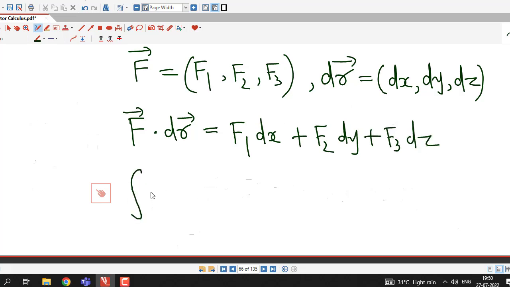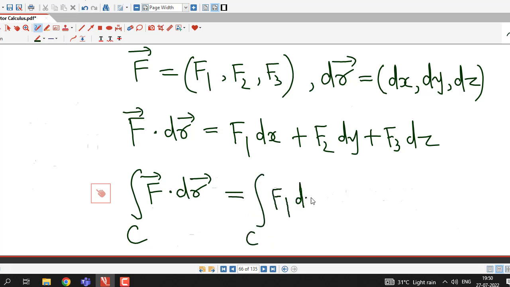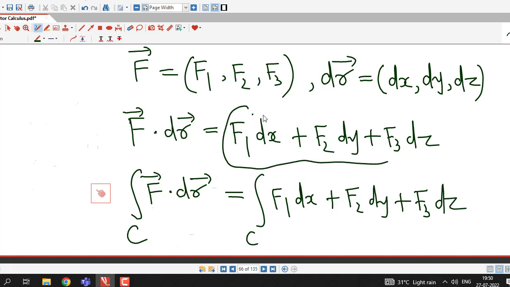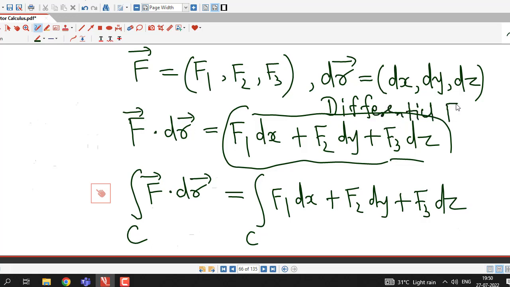And we know that we can write line integrals in different ways. We have different notations for line integrals. Instead of this notation, we can use this notation also, f1 dx plus f2 dy plus f3 dz. Now this f1 dx plus f2 dy plus f3 dz is a differential form because it involves differentials of x, y and z.